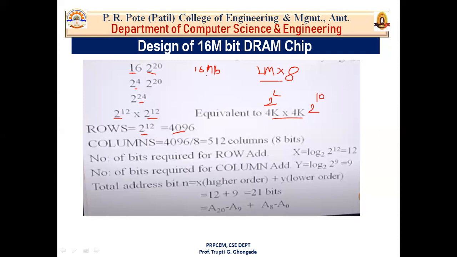So when writing columns, it is 4096 divided by 8. So you basically have 512 columns, and each column consists of 8 bits of data.